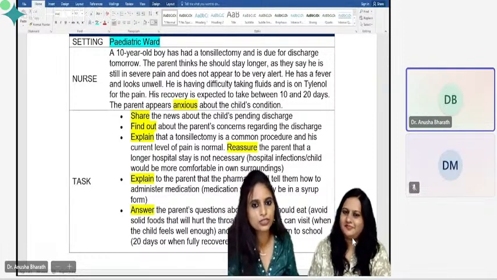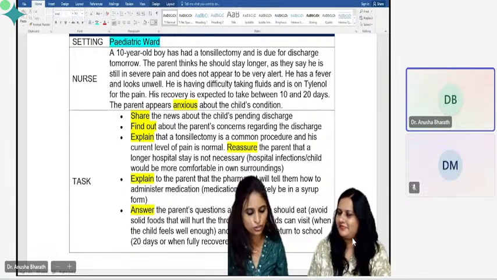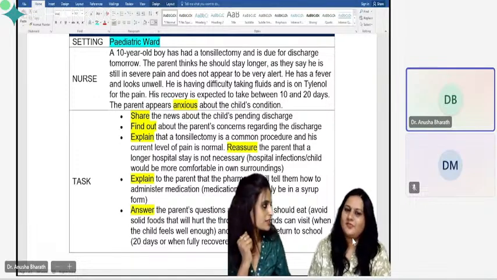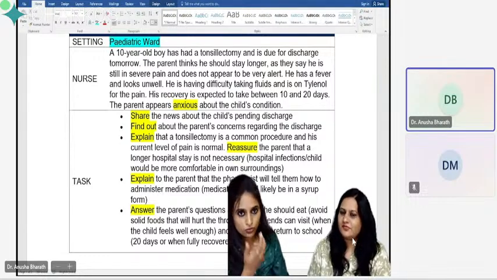I'll be attending to you today. I understand from the case notes that the child has undergone tonsillectomy and is due for discharge tomorrow. So before we proceed further, if you don't mind, may I have the child's name and age for verification purposes? This is another way of starting the conversation. So you can do this if you want to do it this way.